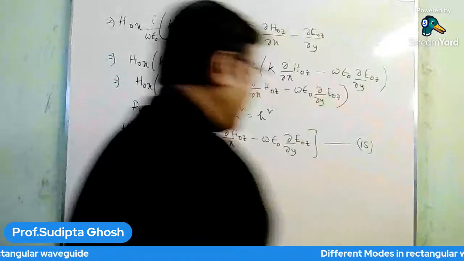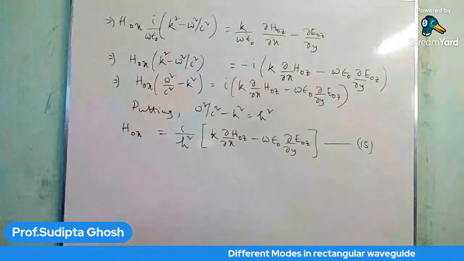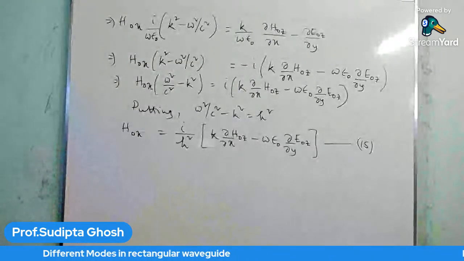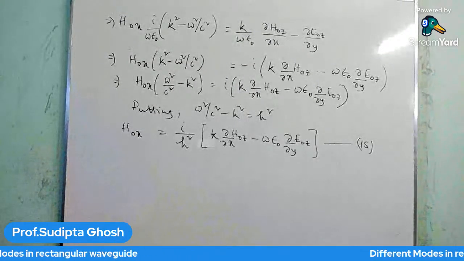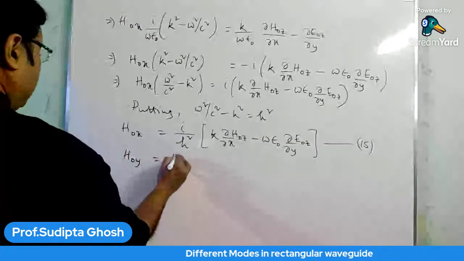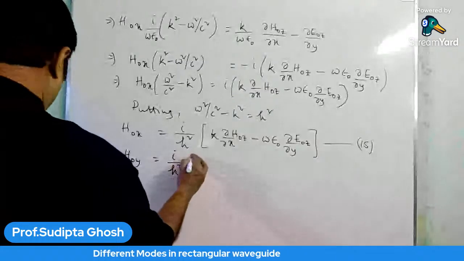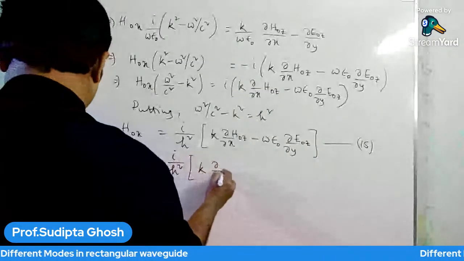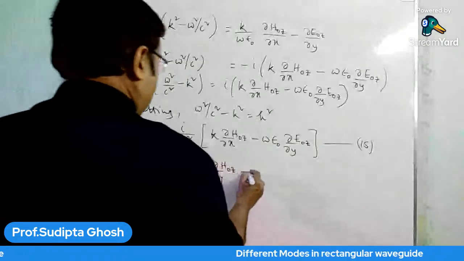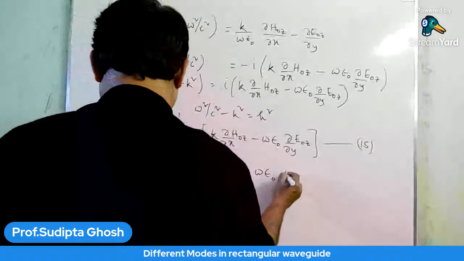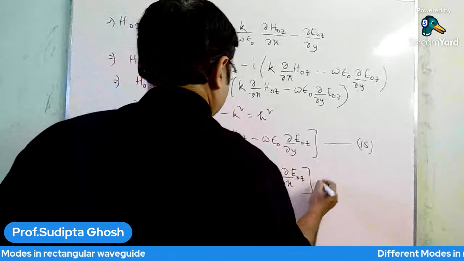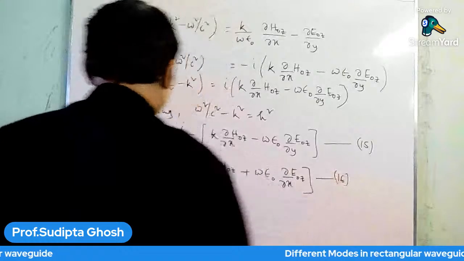So similarly, considering the other equations appropriately, we may have the value of HOY, and it will be i by h square, k del del y of HOZ plus omega epsilon 0 del del x of EOZ. So it is equation number 16.